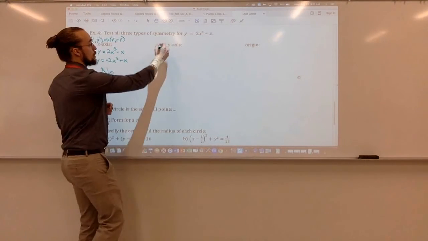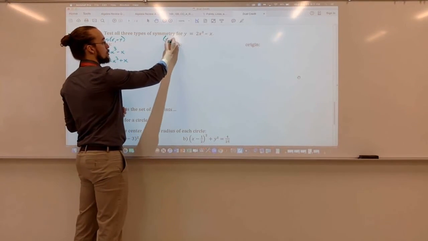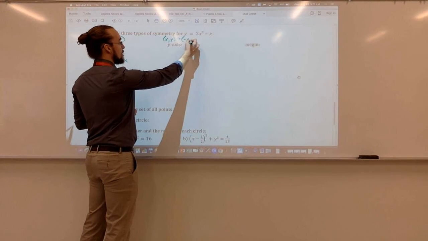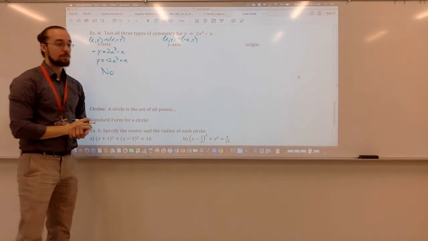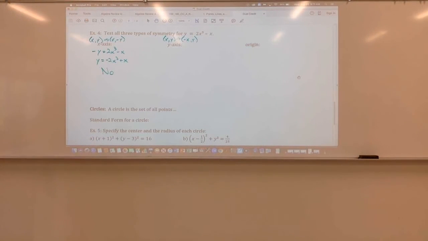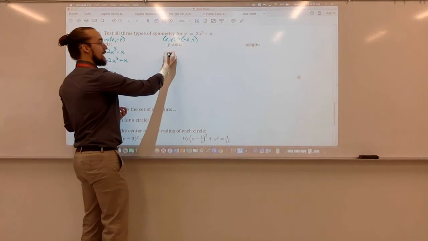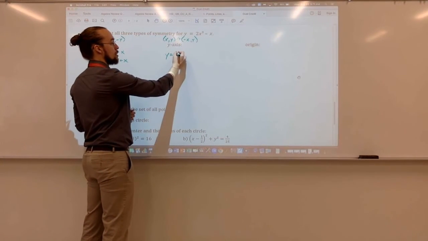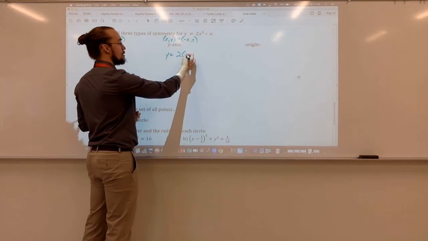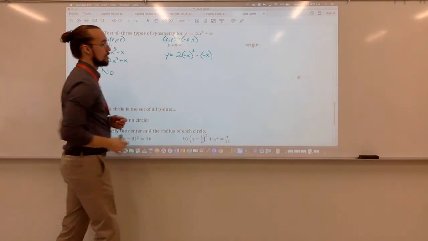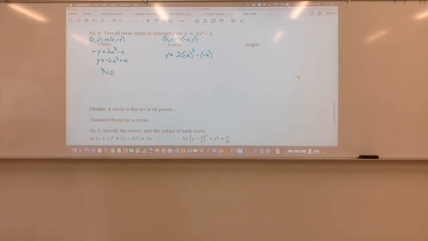To test for symmetry across the y-axis, that's the one where we're saying if x, y is on the graph, then negative x, y is on the graph. So in this case, I want to plug in negative x into my equation everywhere I see an x. So I'm going to say y equals 2 times negative x cubed minus negative x. And simplify.